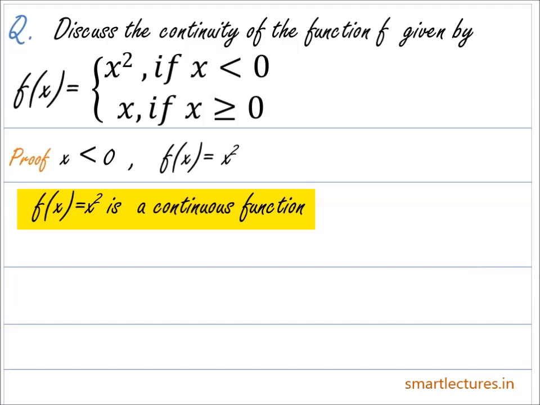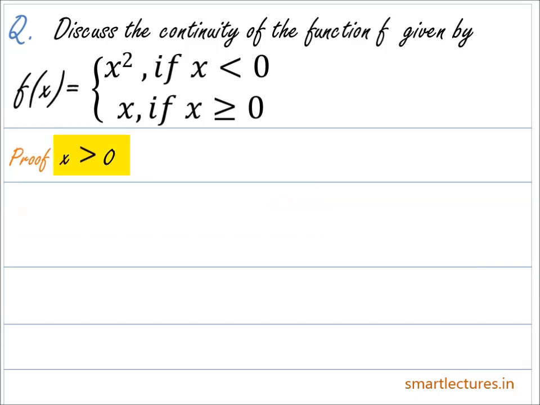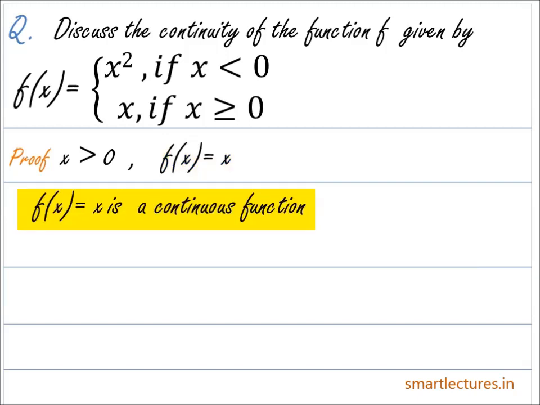So that means for the domain D1, our function is a continuous function. And in the third case, if you look at D3, you will find that if x is greater than 0, then f of x is equal to x. And also we can easily prove that if f of x is equal to x, then it is a continuous function.